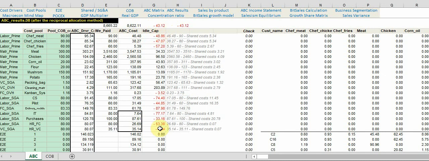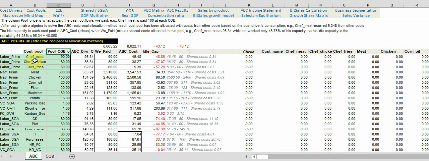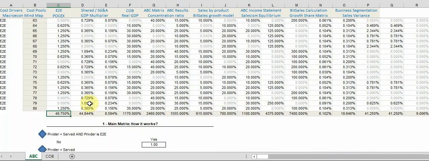These differences have many stories about our inefficient usage of our resources, or what is so-called idle capacity. For example, for our chef meat, as per our activity-based cost metrics, the total consumption of this type of labor was about 49%. That means about 51% of this resource is not exploited. We didn't benefit from the chef meat for 51% of his time.